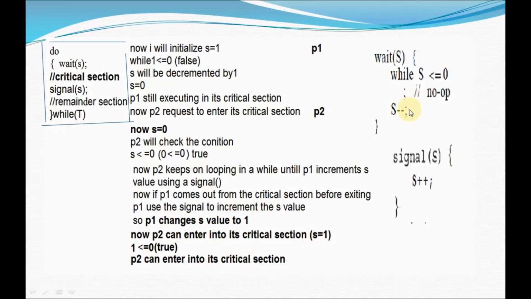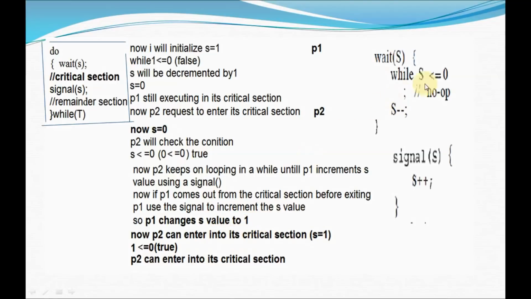Why? See here, S value became 1, so the condition 1 less than or equal to 0 is false. When S is equal to 0, the condition was true. Now S has changed to 1.